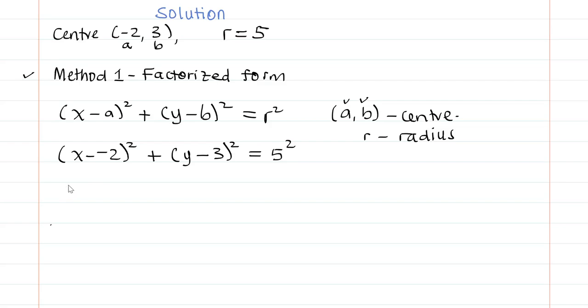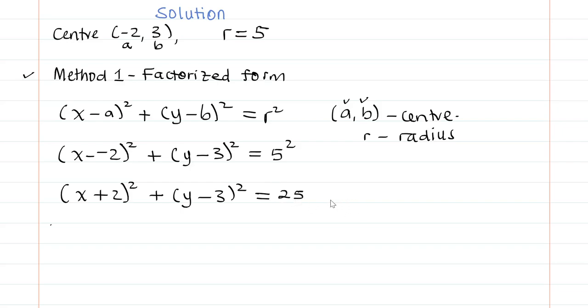And then we simplify this expression. Here we have x minus -2, and that becomes positive. Negative times a negative, we get positive. So we shall have (x + 2)² + (y - 3)² equals, pressing the calculator, 5 squared gives us 25.